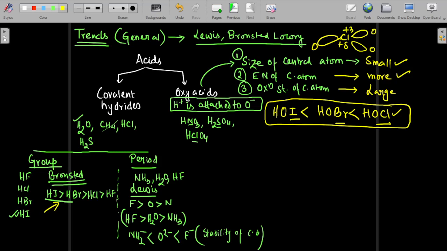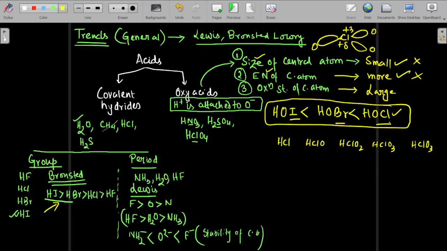Okay. Next, let's take another example: HCl, HClO, HClO2, HClO3, HClO4. In this case, the non-metallic element, the central atom, is the same. So the size of the central atom will be the same, and the electronegativity of the central atom will be the same. So these two criteria will not work as differentiating factors in this problem.